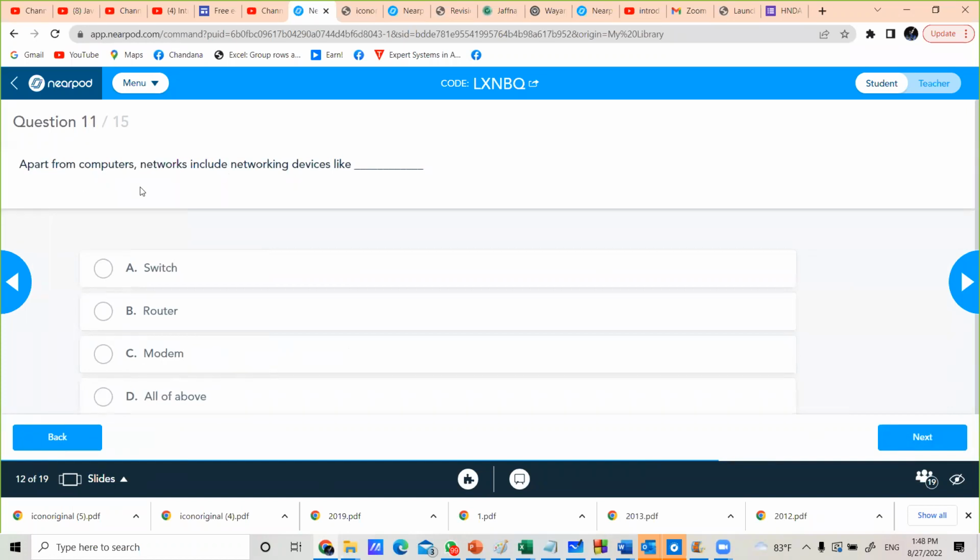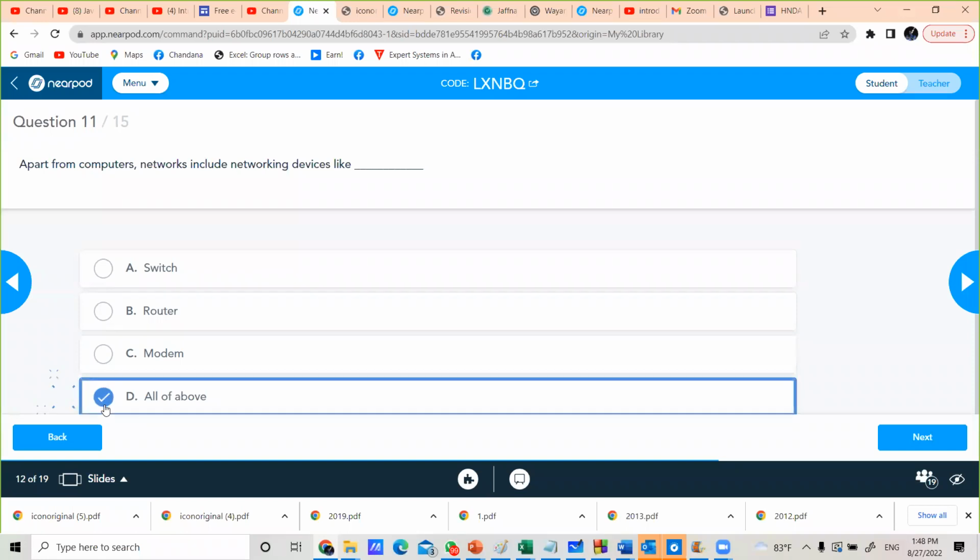Apart from computers, what are the other devices that can be included in the network? Yes, switches can be included in the network, routers also, modems are also in the network. Therefore, all of above.